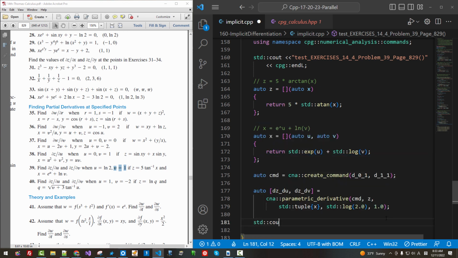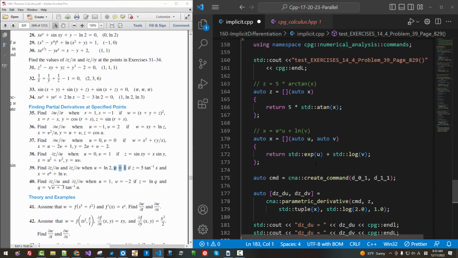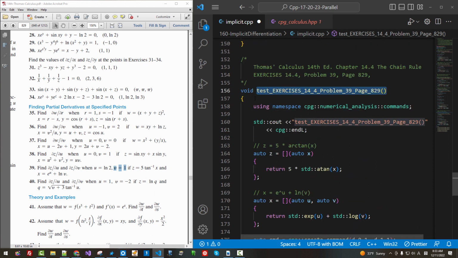std::cout dz du, and there copy paste dz dv, and we created this function.